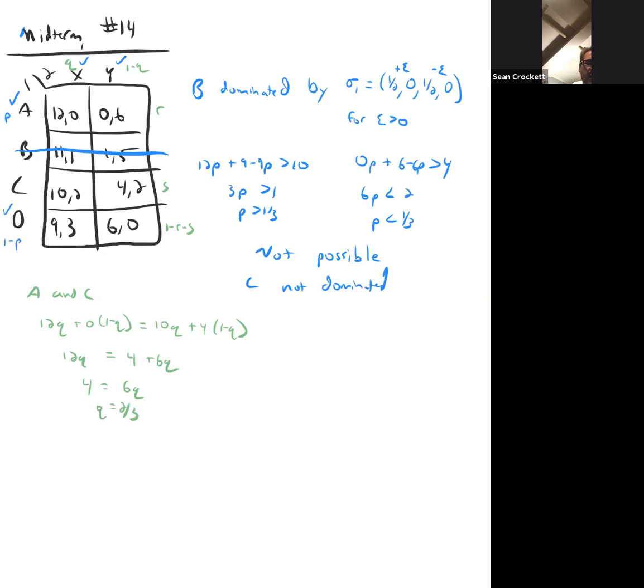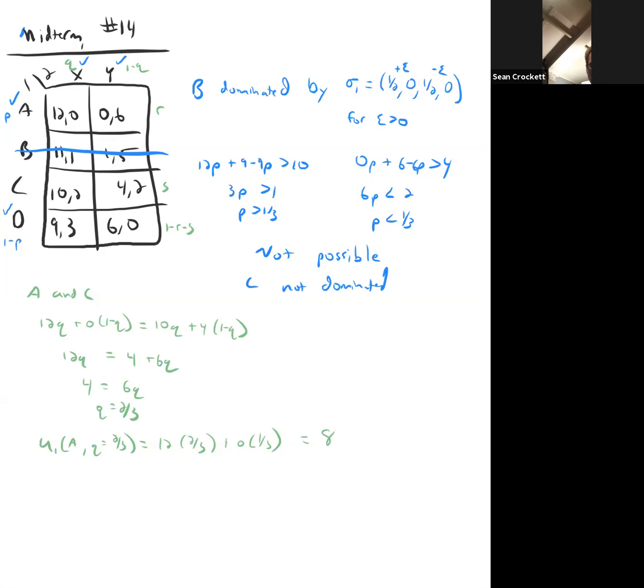So now we have to see if the utility from A and C is bigger or smaller than D. The utility of player 1 of playing A, given that Q equals 2/3, is 12 times 2/3 plus 0 times 1/3, which equals 8.